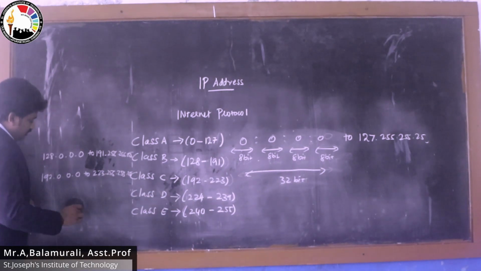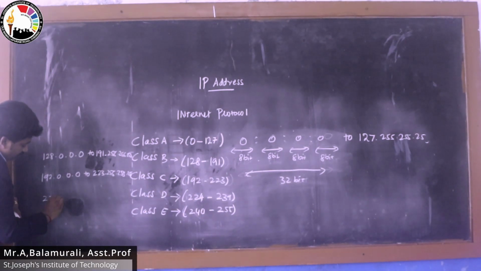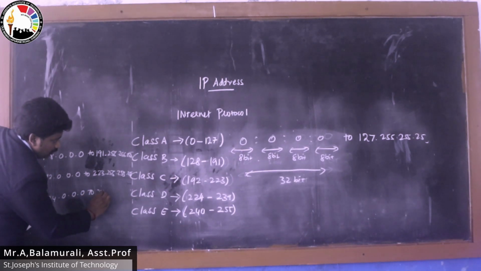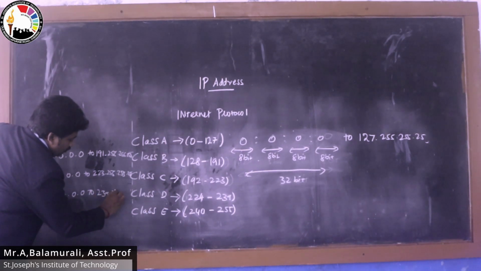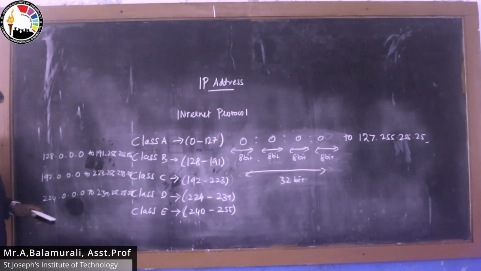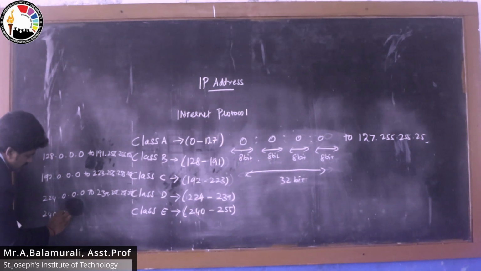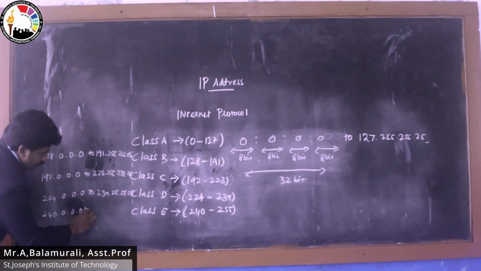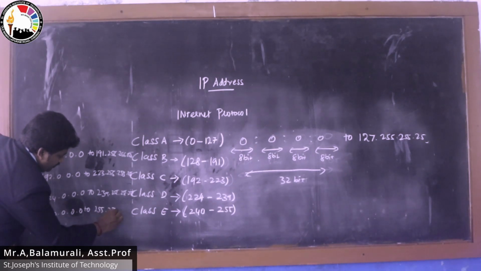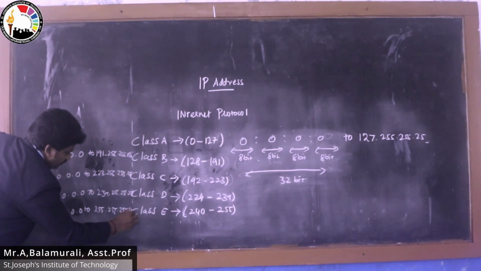Here we start with 224.0.0.0 to 239.255.255.255. Class E ranges from 240.0.0.0 to 255.255.255.255.